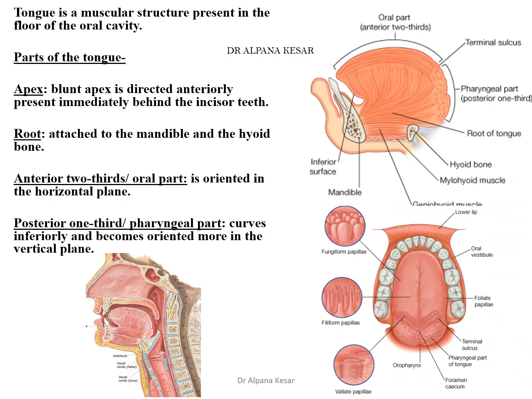Tongue is a muscular structure present in the floor of the oral cavity. The parts of the tongue are apex and root. Apex is the blunt anterior end, which is present just behind the incisor teeth.